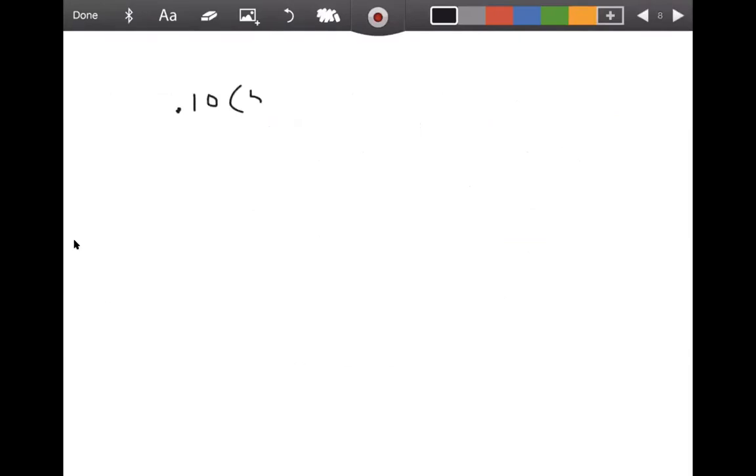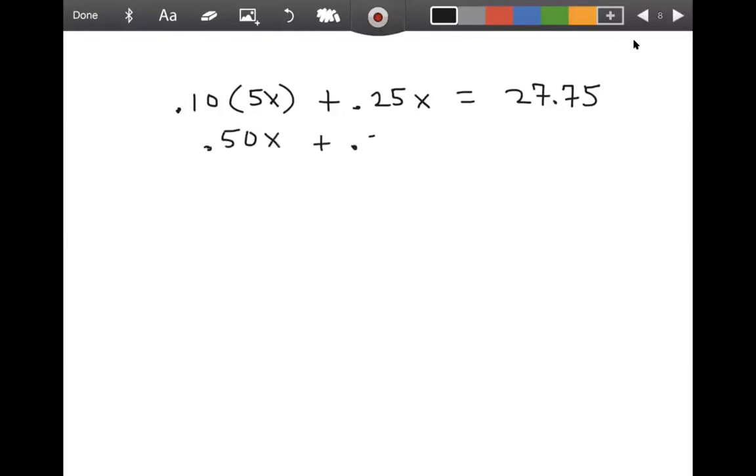0.10 times 5X plus 0.25X equals 27.75. All right, 0.1 times 5X is 0.5X plus 0.25X equals 27.75.